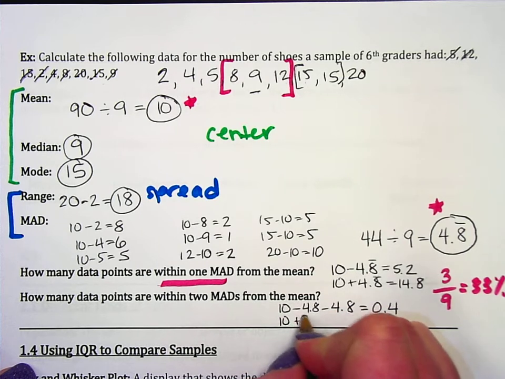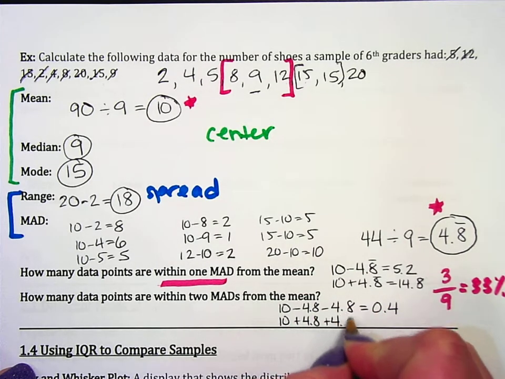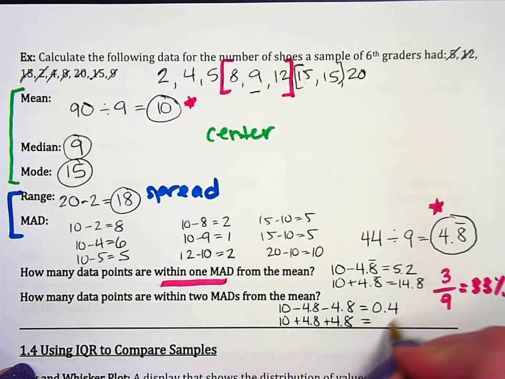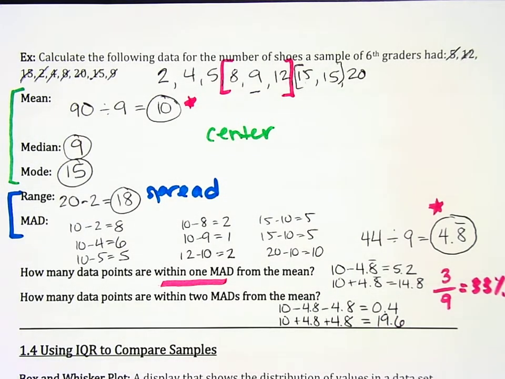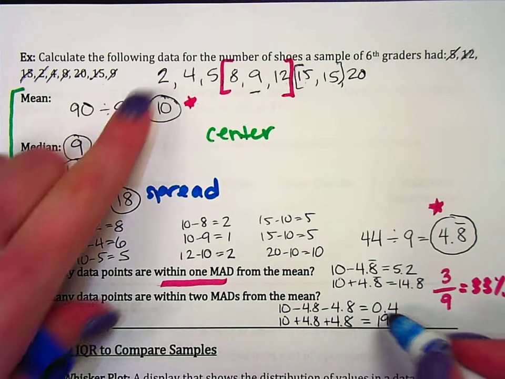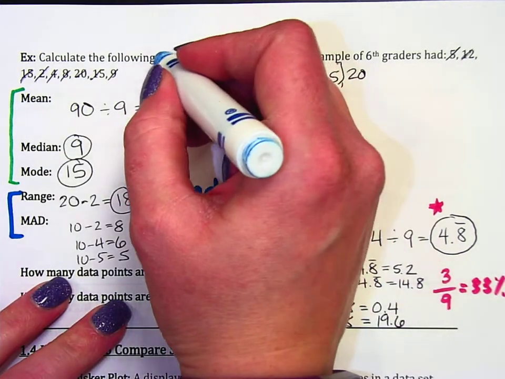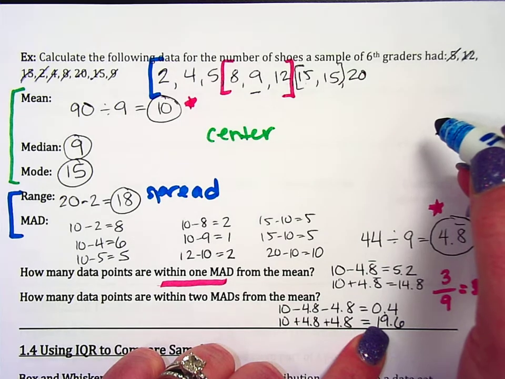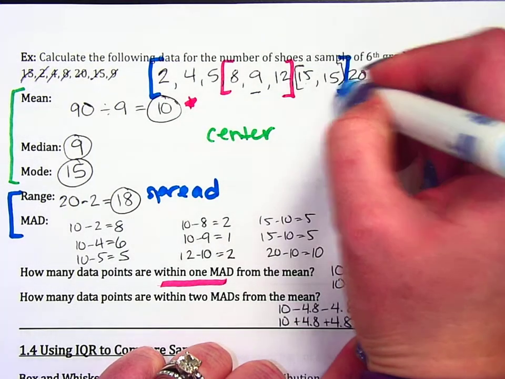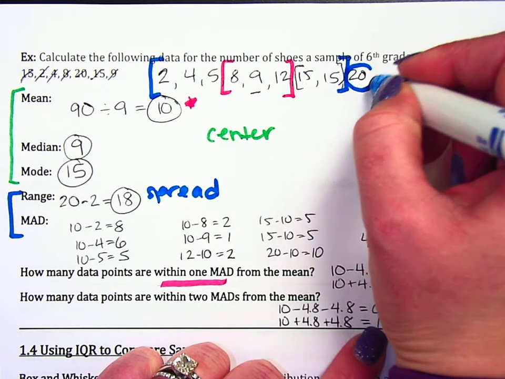Or if I add the MAD twice, then we're looking for something that's smaller than 19.6. Okay, so again, I'm going to go back up there to my original list. I want something bigger than 0.4, so thankfully that was all my numbers, all the way up to something smaller than 19.6. So in this case, 20 is too big.